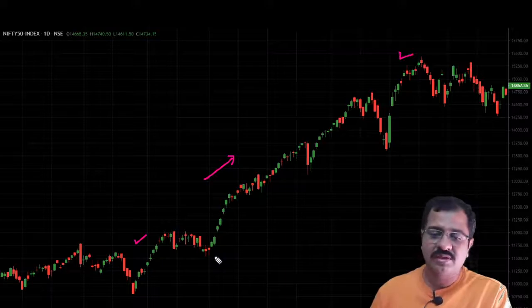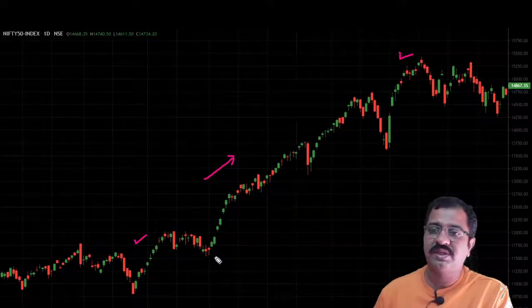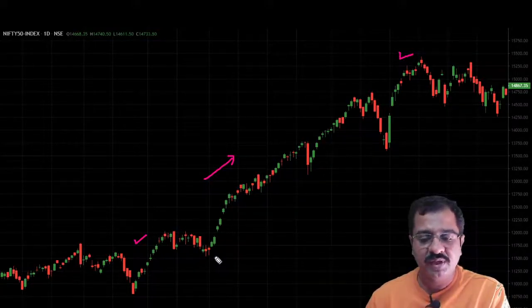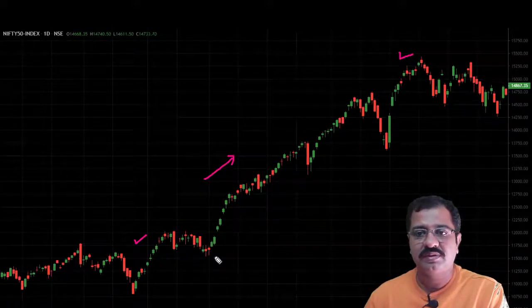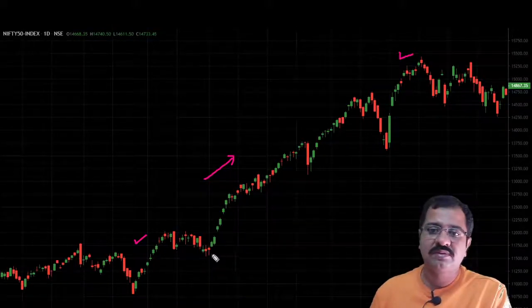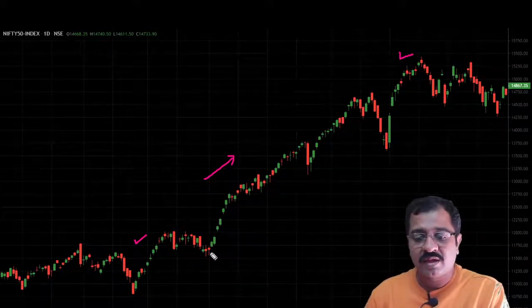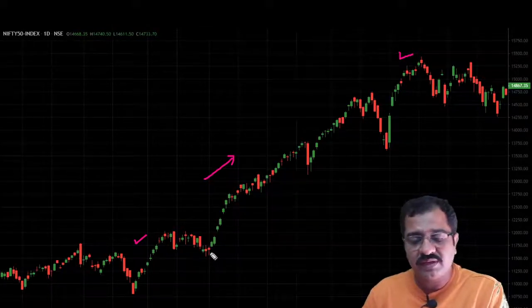Now on this chart you can see that Nifty was going up very fast, right? And how do you define a trend?